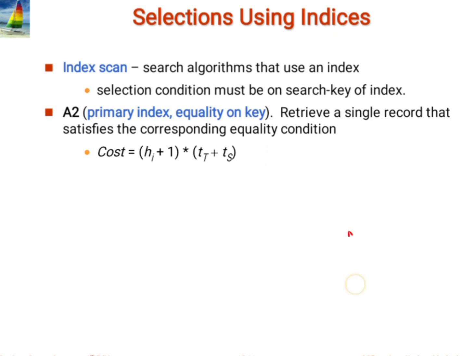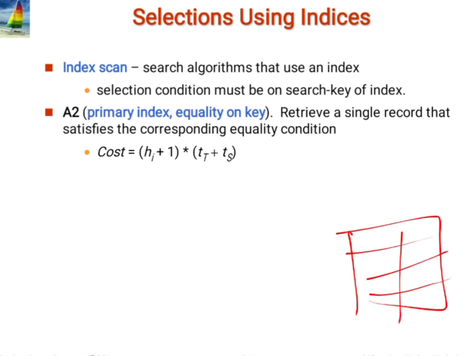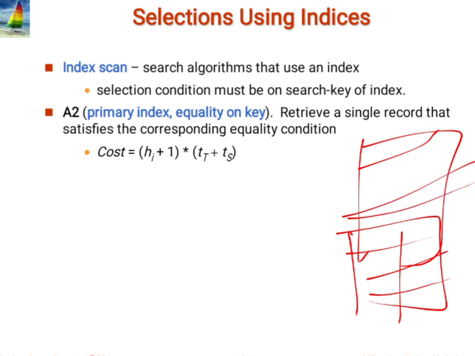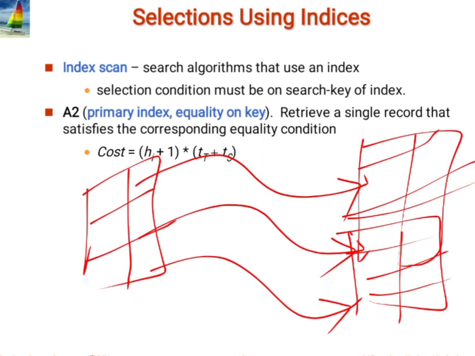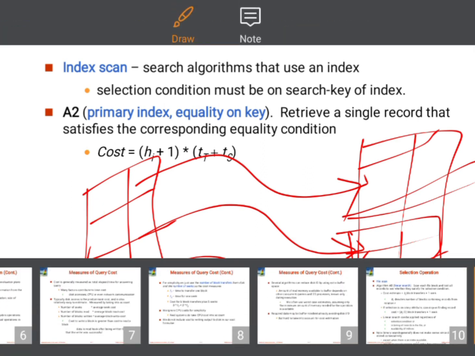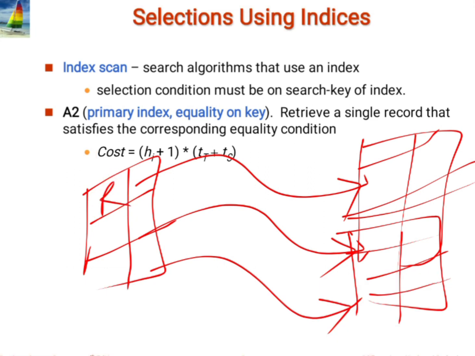If I am having one table here, this is the bigger table, and this is the smaller table which is pointing here, here, and here. So if I am applying a primary index and equality on key, say I am having roll number 1, 2, 3, up to 1 lakh.